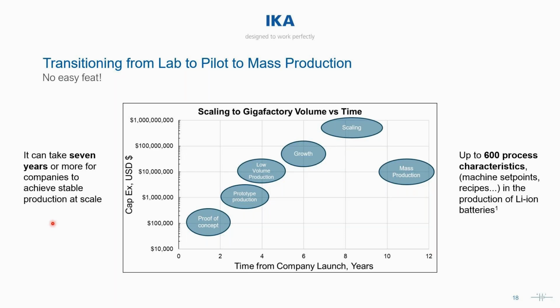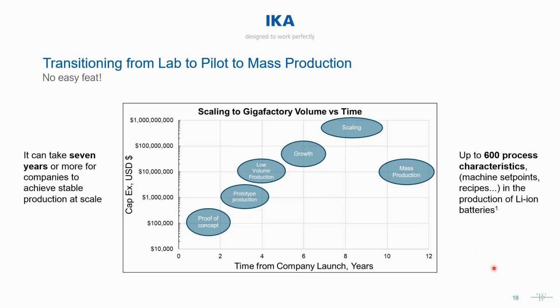And that is largely because you have about 600 different process characteristics: your machine set points, your equipment, your specific recipes that go into the production of these lithium ion batteries. So your multivariable problem quickly expands and blows up.